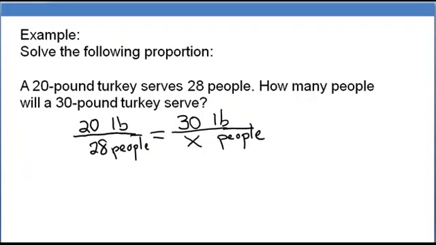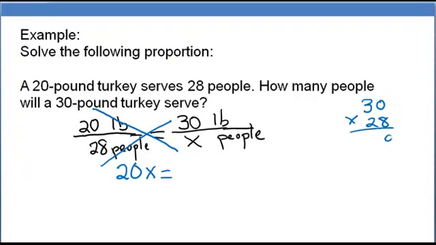So we'll do the cross products to make our equation. So 20 times x gives us 20x. And on the other diagonal, 28 times 30, can do it on the side. Gives us 840.